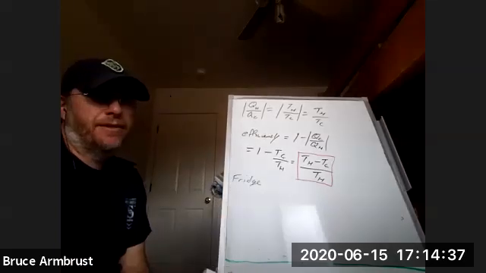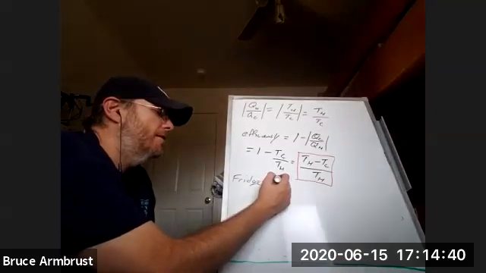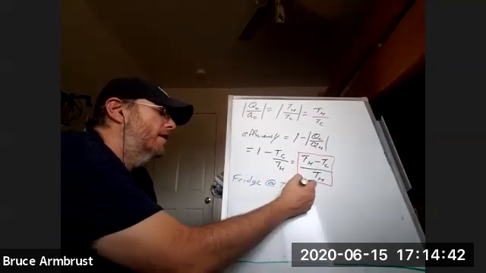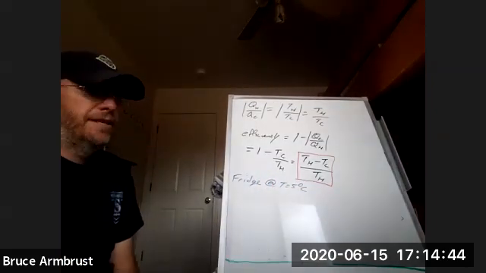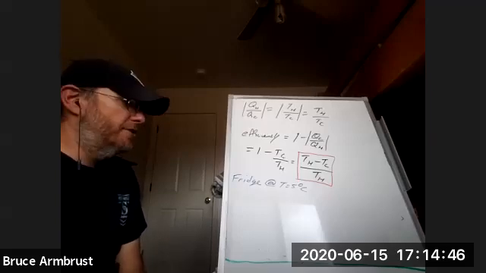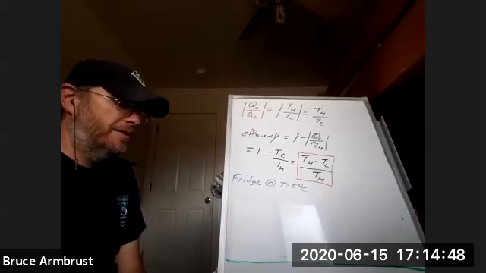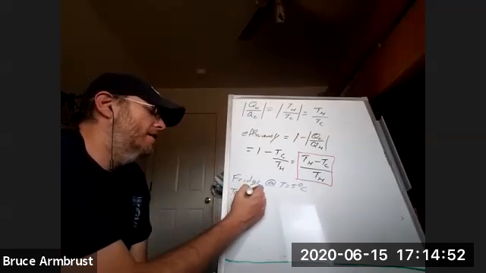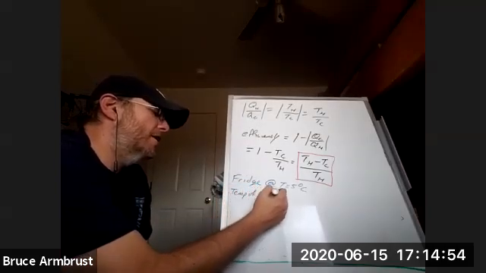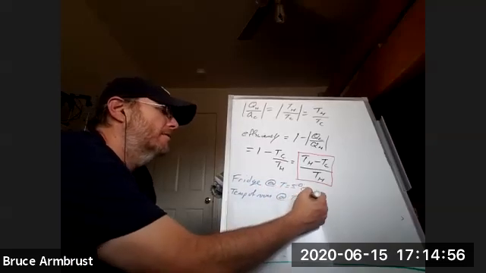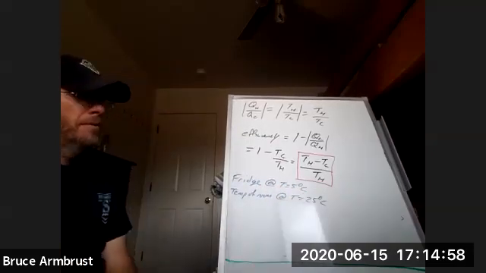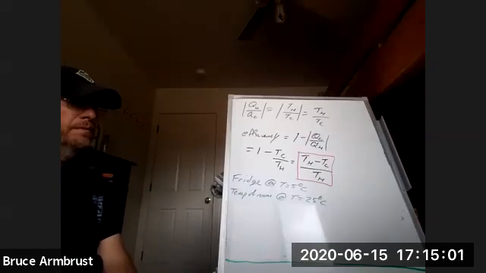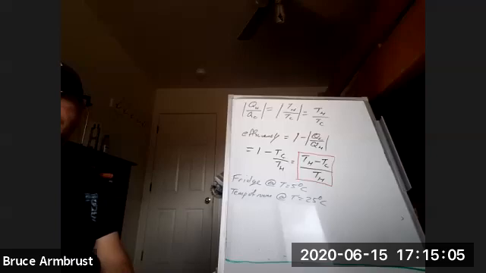That might be a little bit on the high side, but let's go with 5 degrees C. And then let's go with a good old room temp on the outside that's not crazy. Let's go 25. So on a summer day, if you don't have air conditioning, that's probably reasonable.